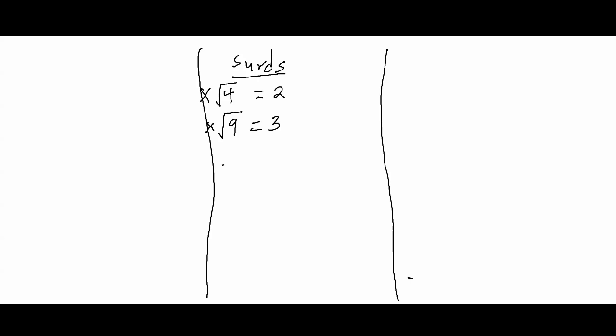But the square root of 5 is a set because we don't have any number that multiplies itself to get 5.